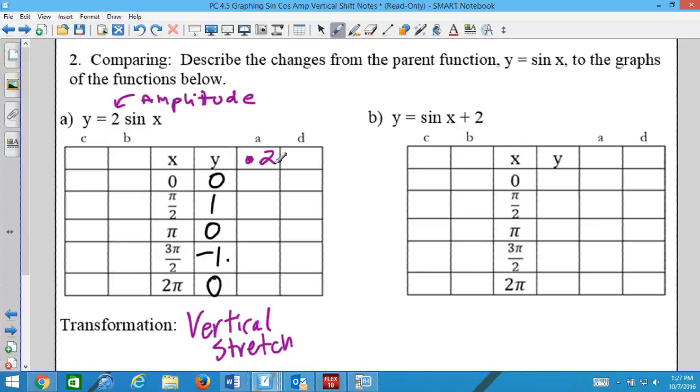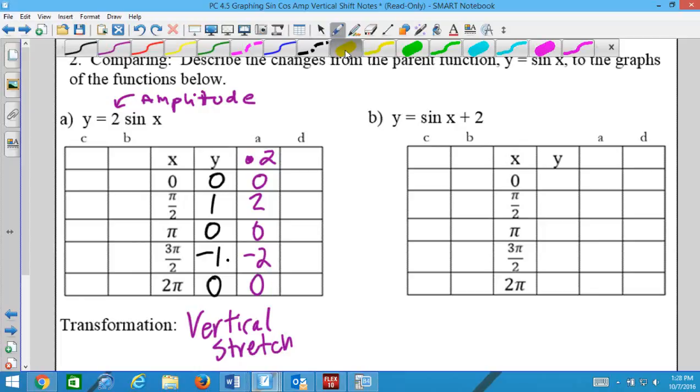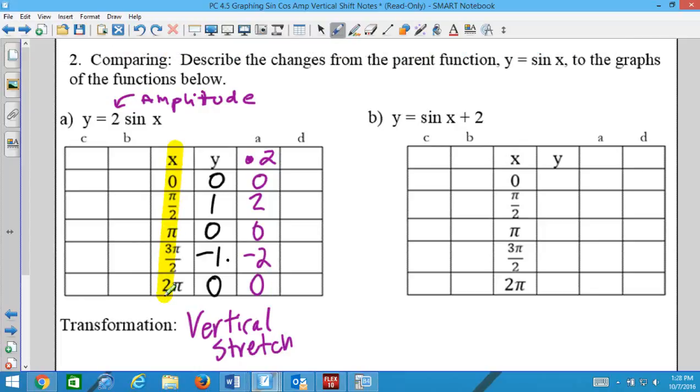So you multiply the Y values by 2, not the X. And then we aren't graphing this one, we'll graph the next ones, but when you go to graph them, you would graph the same X's, because we didn't change those at all, and you would graph the new Y values. That would be my XY.